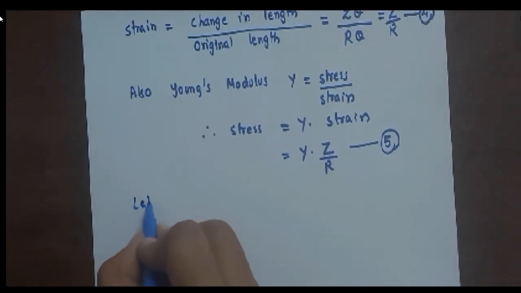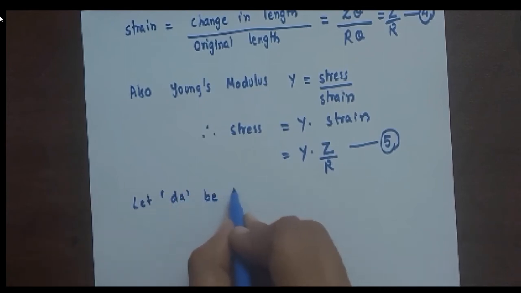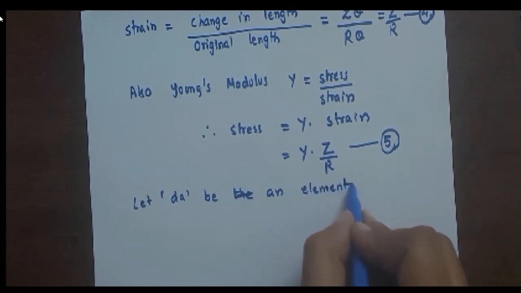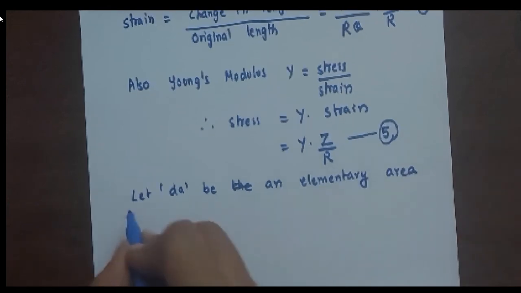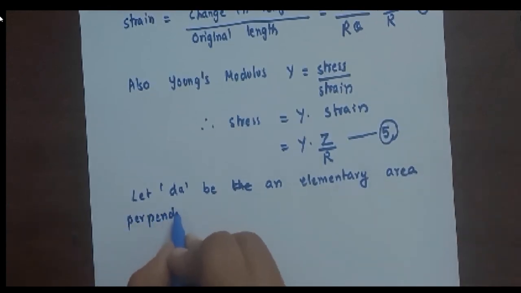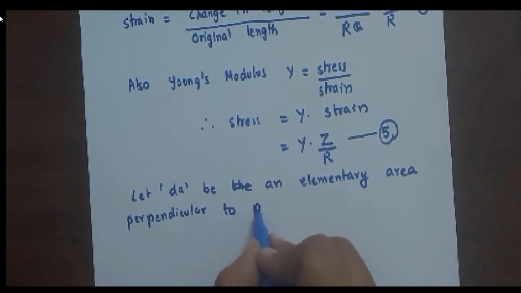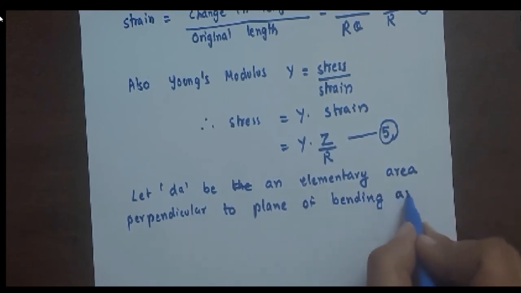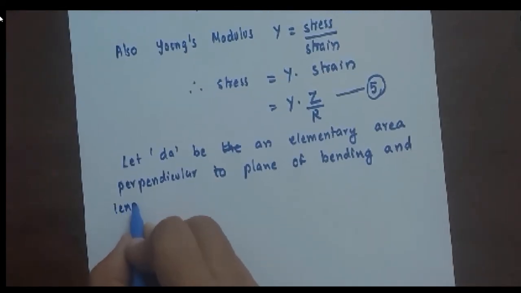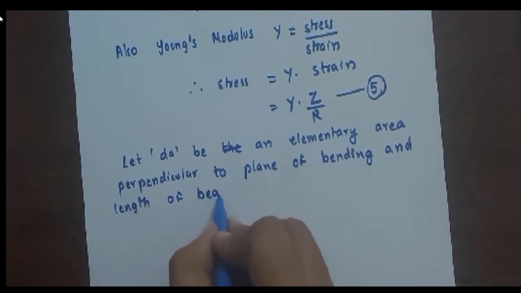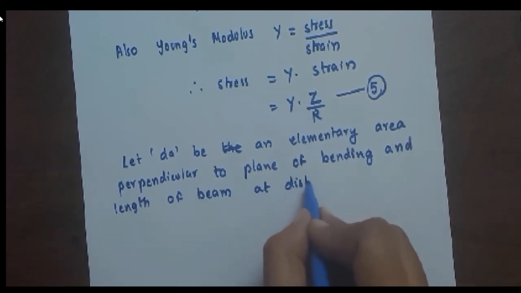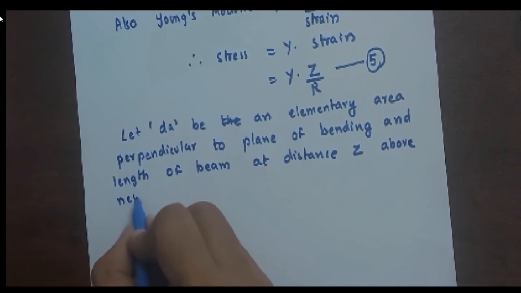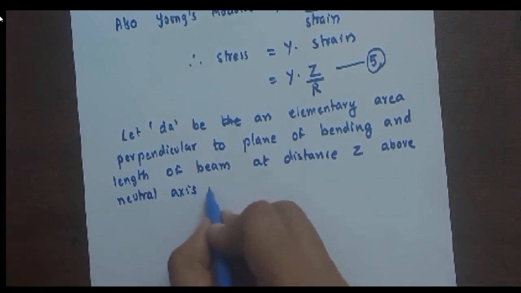Let dA be an elementary area perpendicular to the plane of bending and length of the beam at distance Z above the neutral axis.